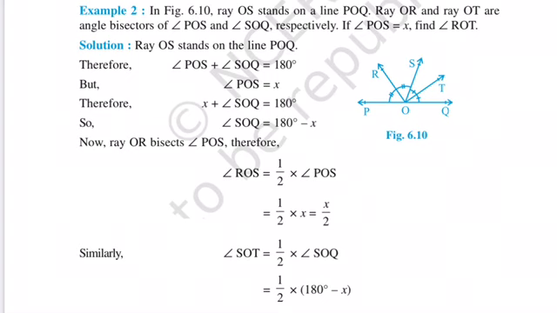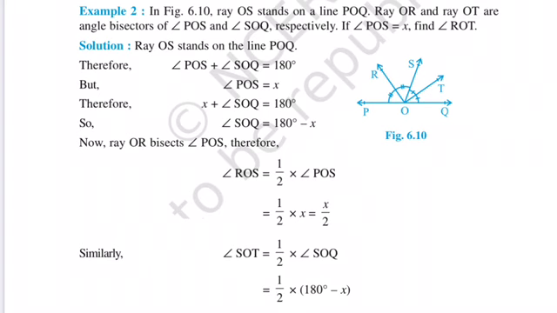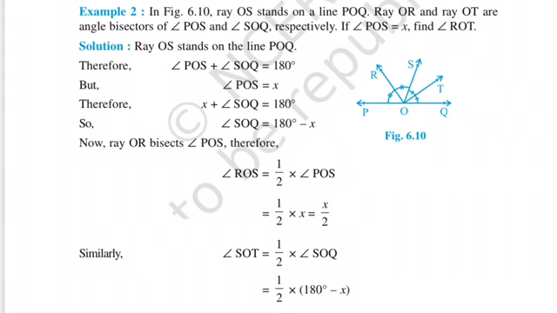And what is the value of angle SOQ? Angle SOQ we already calculated, and this is 180 minus X. So in the place of SOQ we can write 180 minus X. Now when we multiply 1 by 2 into this bracket, half of 180 is 90, then minus half of X is X by 2.